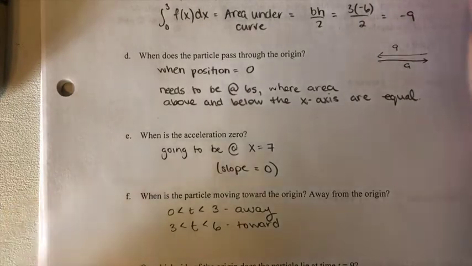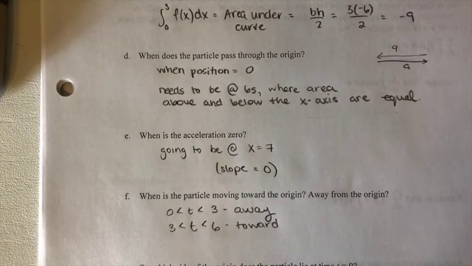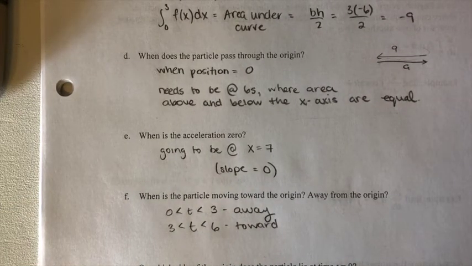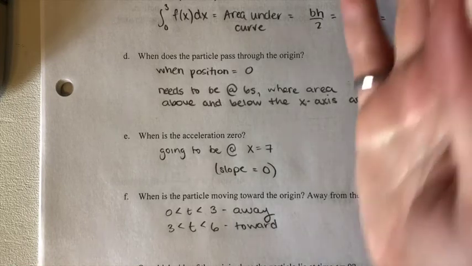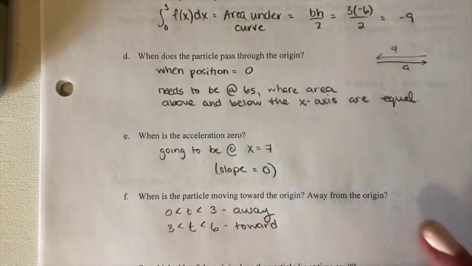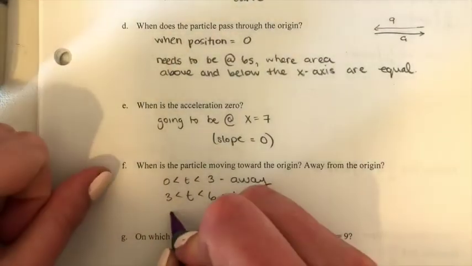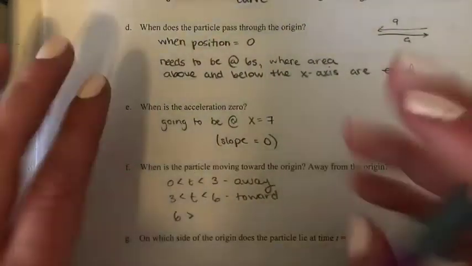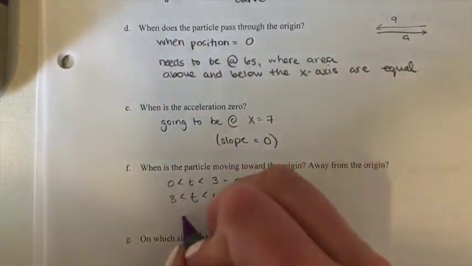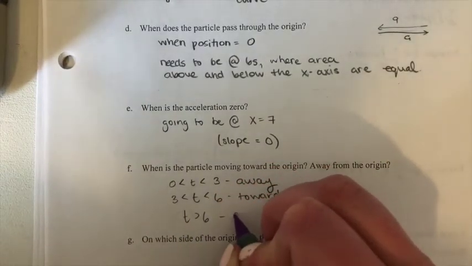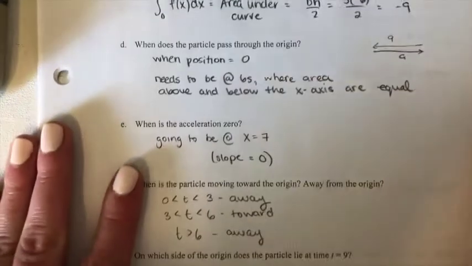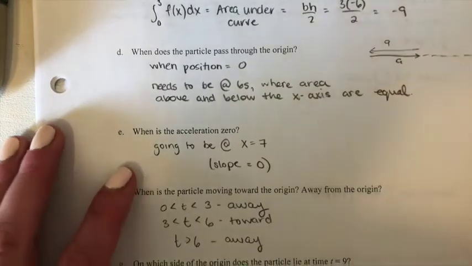After that, see how this is all accumulating positive area? That means it's going in a positive direction that whole time. So when t is greater than 6, it's moving away from the origin. It would just keep going that way.